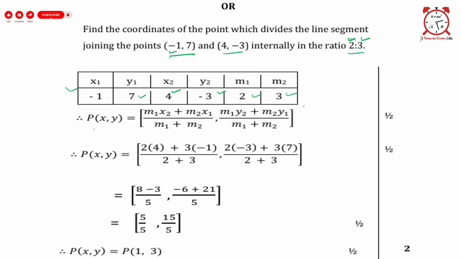So point P(x, y), the required point, is equal to (m1x2 plus m2x1) divided by (m1 plus m2), (m1y2 plus m2y1) divided by (m1 plus m2). Put all the values from the above table, simplify, then we will have the answer (1, 3). P(x, y) equals P(1, 3). This is the required answer.